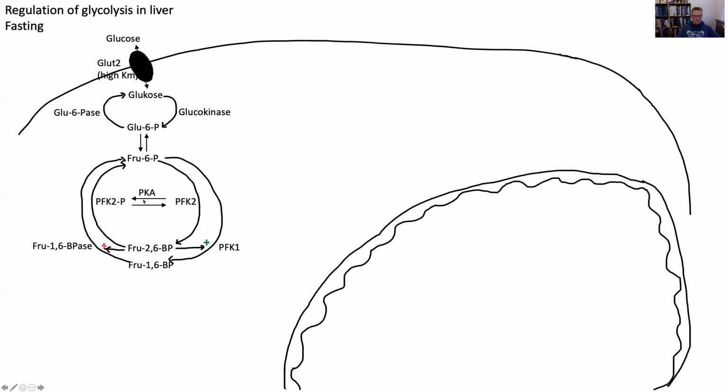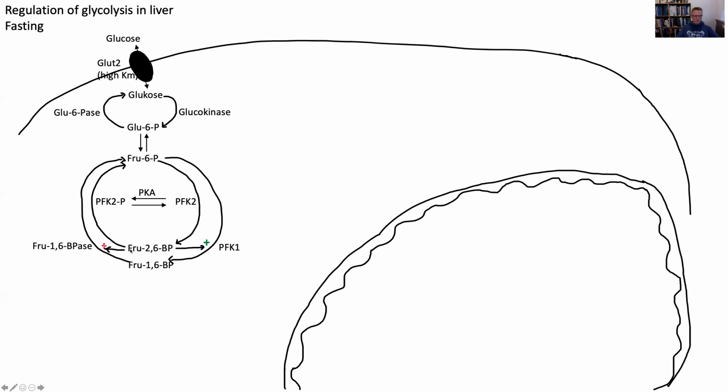PFK2 can be phosphorylated by protein kinase A, and once it becomes phosphorylated by PKA, it will actually change its activity from being a kinase to a phosphatase. So PFK2 is also known as the tandem enzyme, reflecting its two different activities.